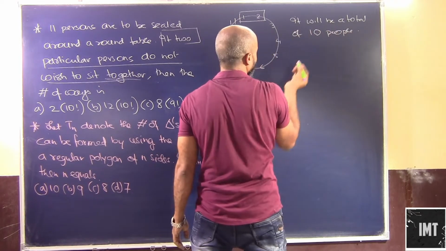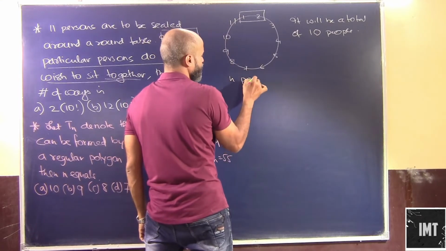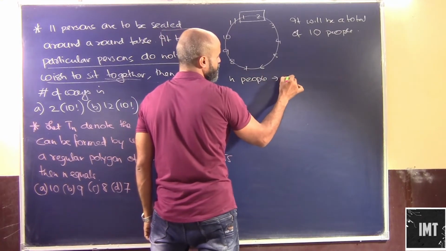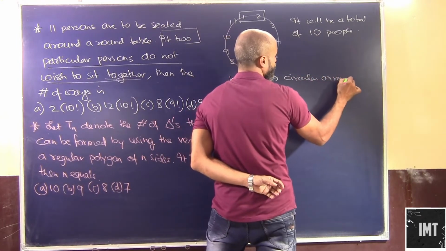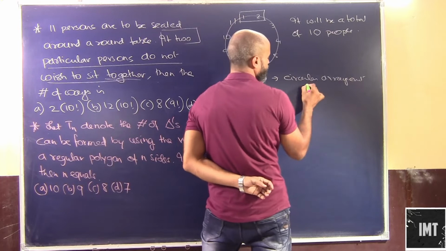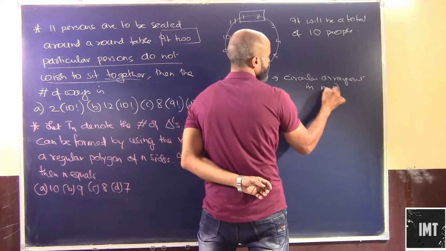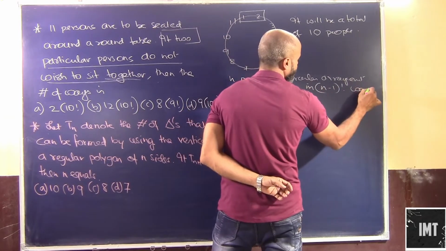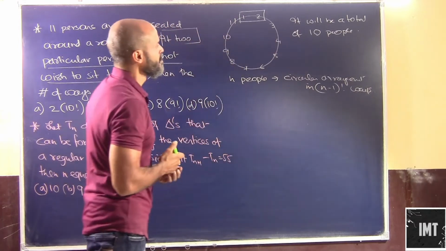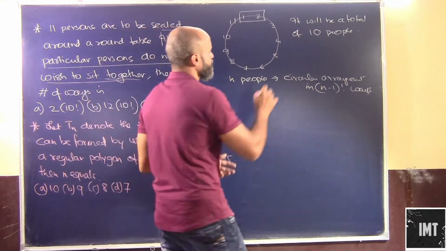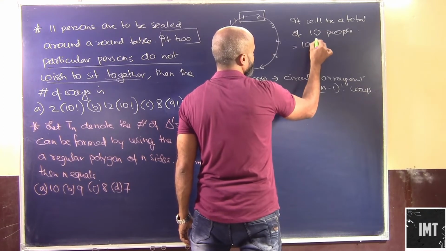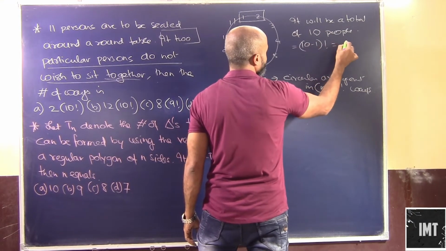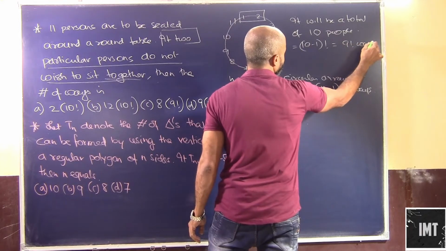And n people can be made to sit in a circular arrangement in n minus 1 factorial ways. So we have a total of 10 people, so this will be 10 minus 1 factorial, that is 9 factorial ways.